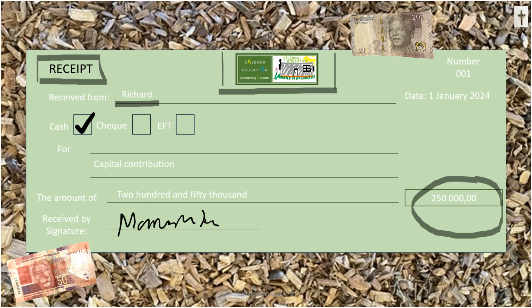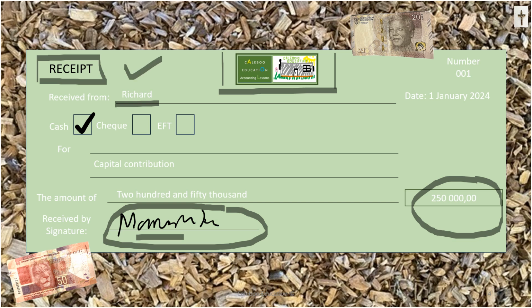This receipt was issued to me, the owner, actually by my wife, Marushka. There she's my bookkeeper, and she has signed the document. So a receipt is a proof of payment saying that I made this capital contribution to Calibu Education to fund this business. Now this document is used to record this transaction that has taken place.